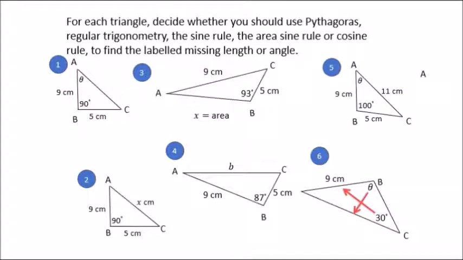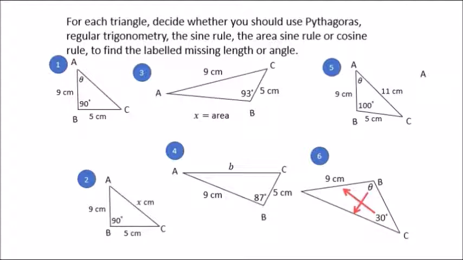So we don't have enough information for sine rule. Also, we're not interested in all three sides around our shape. We have no information about the two missing side lengths, so we can't use cosine rule.